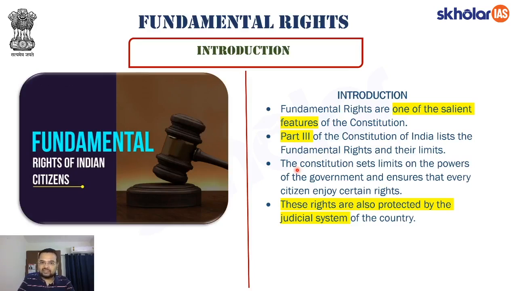Keeping that in mind, what was required was to enlist a set of rights, a bill of rights that could be provided to every citizen of India, and the instruction should be given to the parliament or the executive that you cannot act in any manner, be it in your legislative capacity of making a law or in your executive capacity of being a government, which contravenes these fundamental rights.